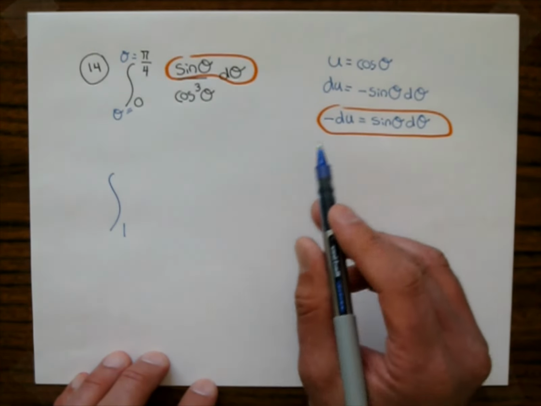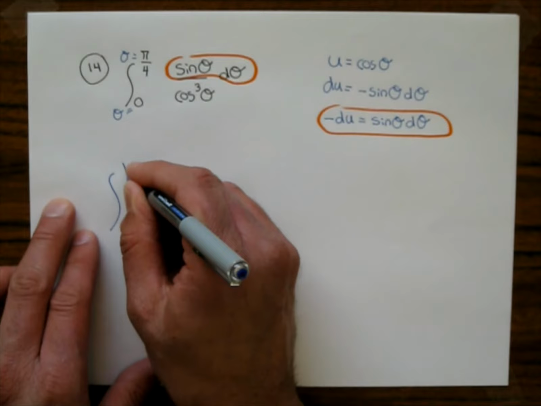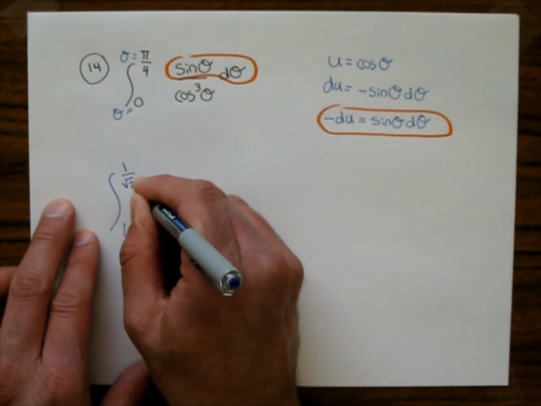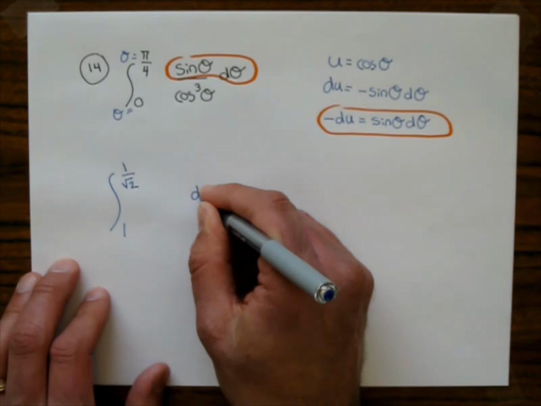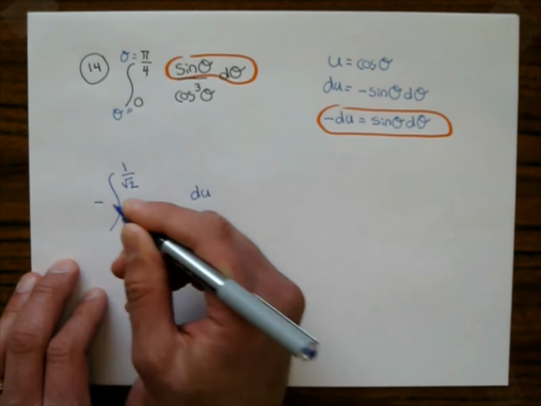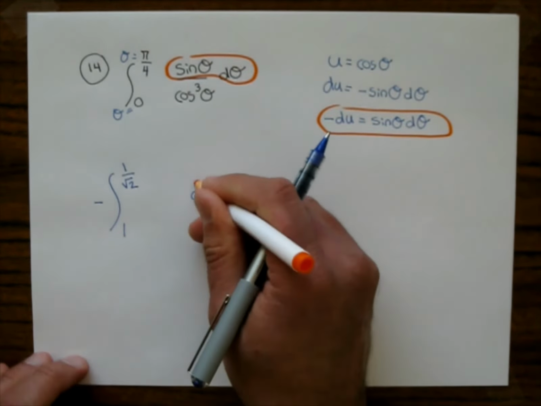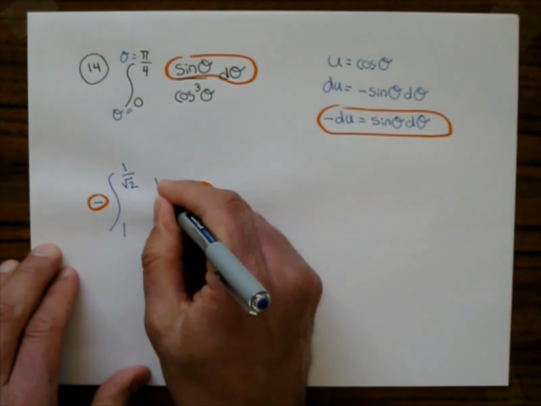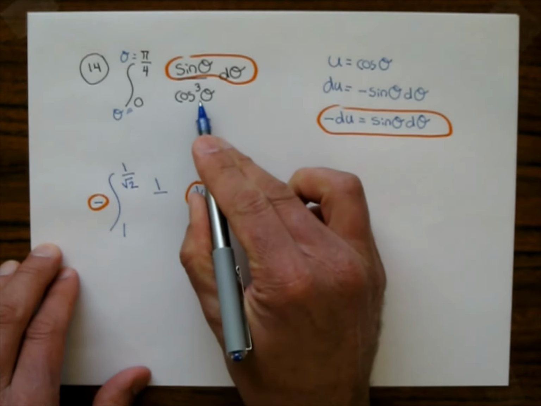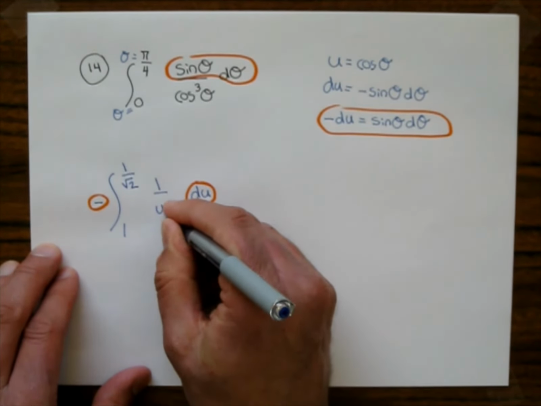And so that's going to be 1 over the square root of 2. The orange part becomes du. Actually it becomes negative du. Put that negative out in front. And then what do we have here? We have 1 over cosine cubed, or u cubed.